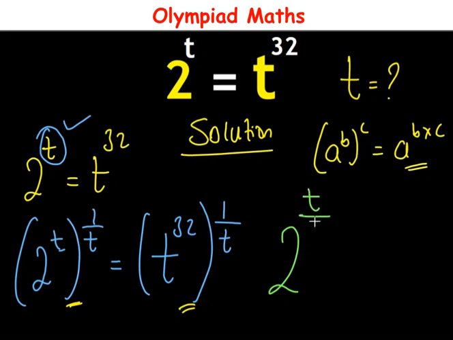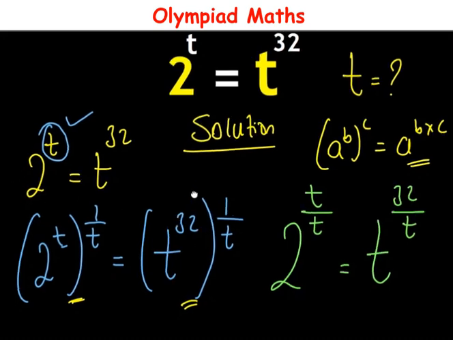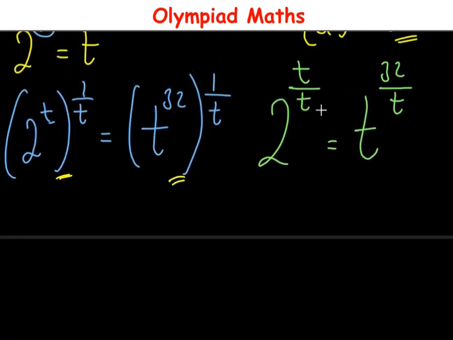Then we have over t is equal to power 32 multiplies 1, this becomes t raised to power 32 all over t. Now from here, what we have is this, t, we cancel t, we have 1, so 2 raised to power 1 is equal to t raised to power 32 all over t.